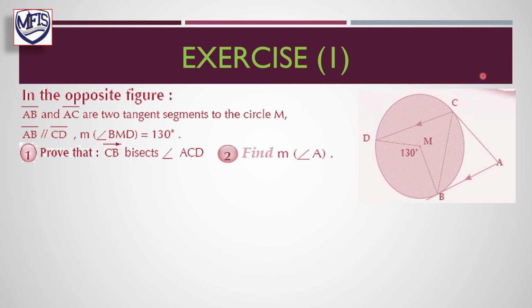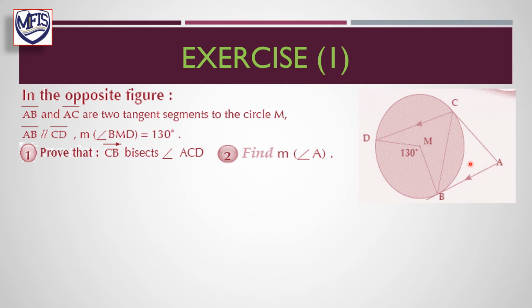What is the meaning of ray bisects angle ACD? That means I want to prove that measure angle DCB equals measure angle BCA. This angle equals this angle. Then ray CB bisects angle ACD. And also I want to find the value of angle A.